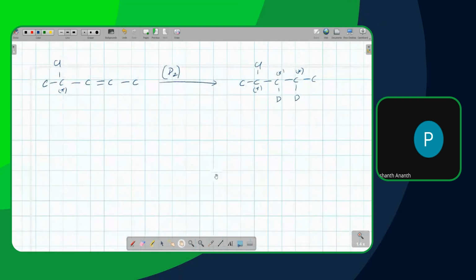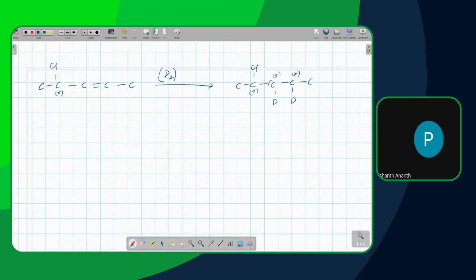So in this case, you're going to have this product being formed here, correct? Now let's take this. I'm starting with the racemic mixture. R and S are both present in equal quantity. That is, my starting reactant is in a racemic mixture.